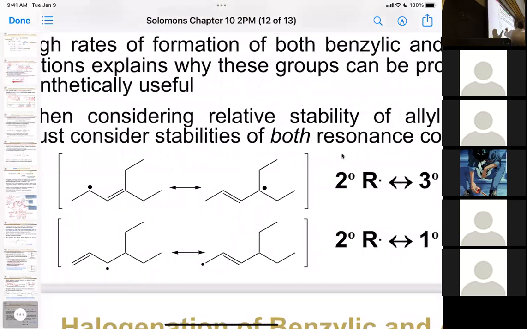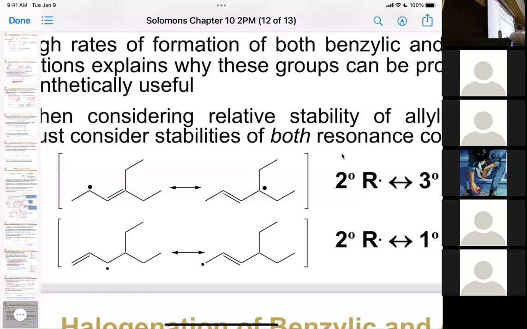In this case, our radical is going from a secondary to a tertiary, because it goes back and forth. So this is going to be a more likely resonance contributor because it's more stable.